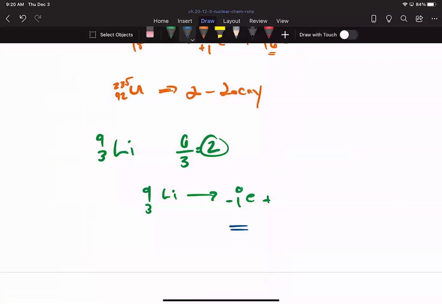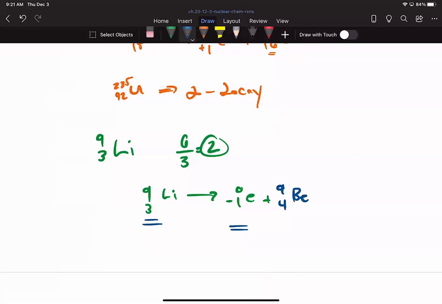Looking at these values, I have to have the same number of protons, which means that this has to be 4. 4 minus 1 is 3. So this ends up being 9, and this ends up being beryllium.